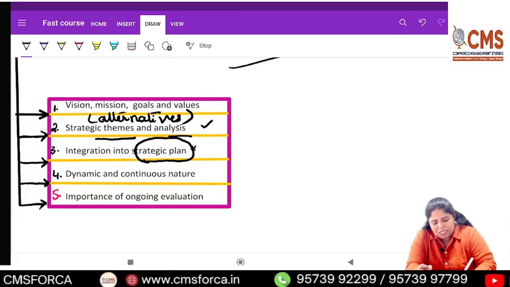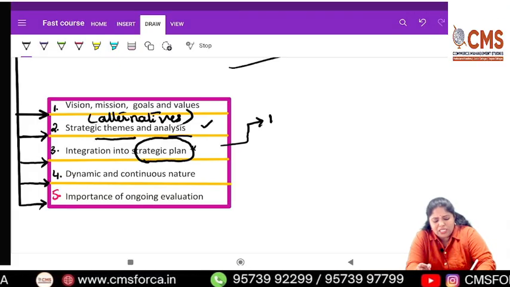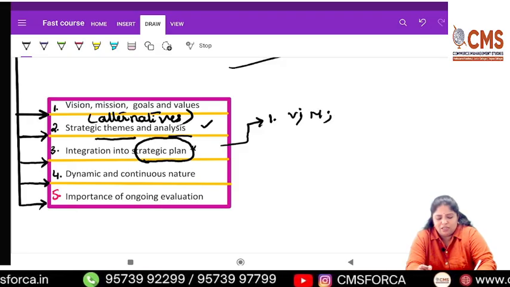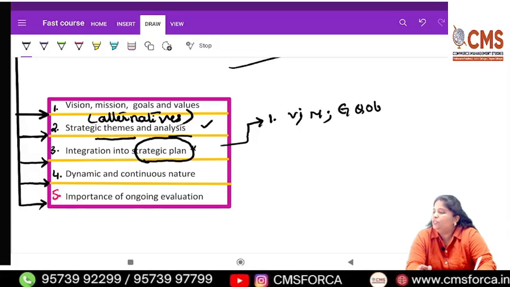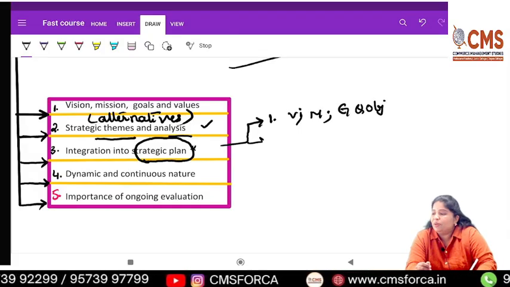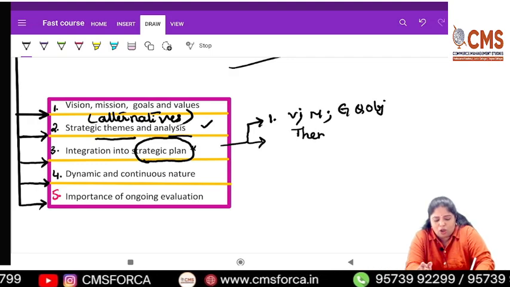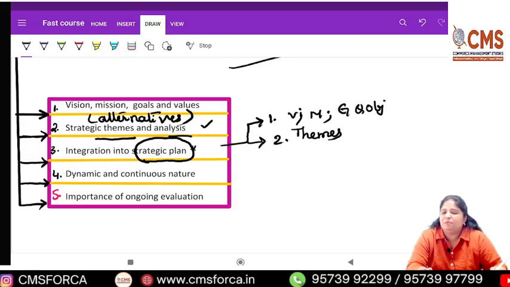In this strategic plan, the first component I place is vision, mission, goals and objectives. The second component I am going to include is the key component, strategic themes.